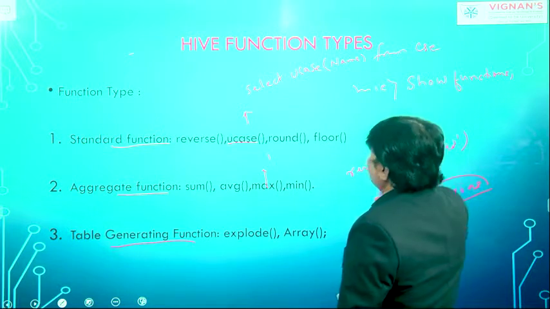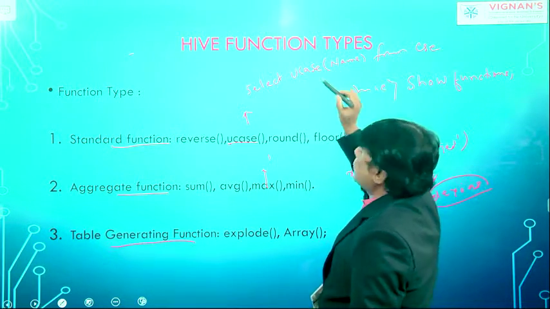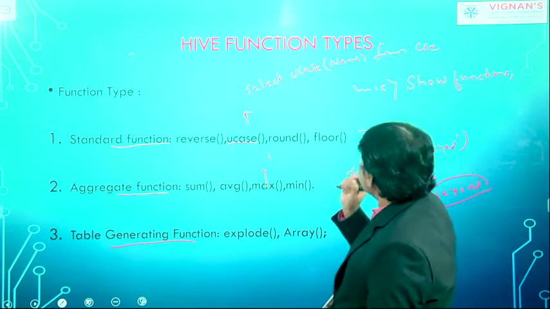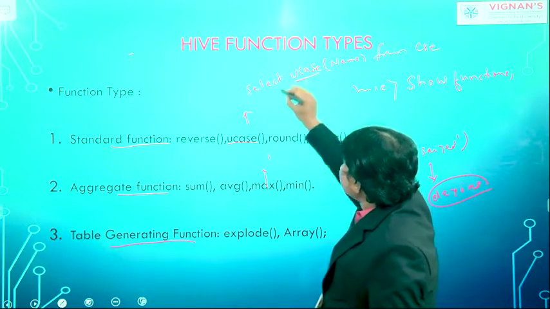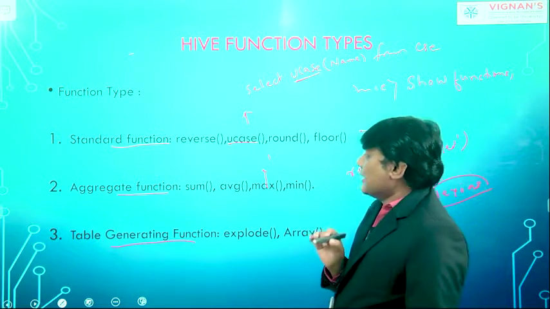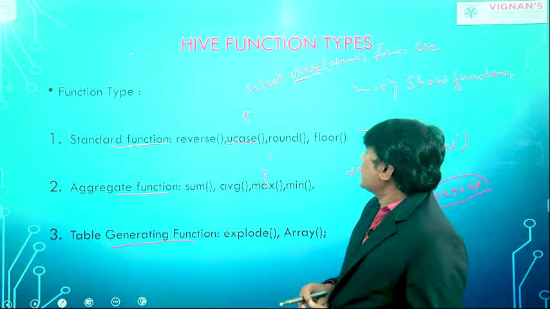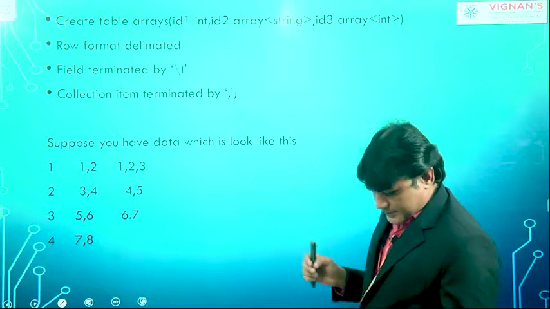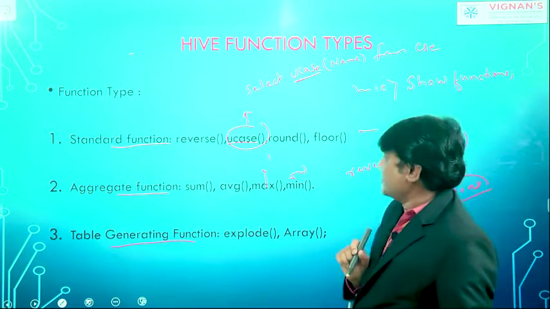It will display the name in capital letters, which is called uppercase. So if you pass any field to UCase, that field is converted into uppercase. To convert into uppercase, you use the uppercase function.